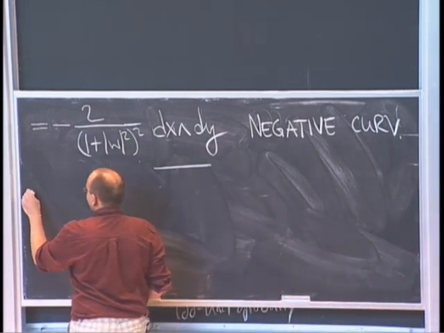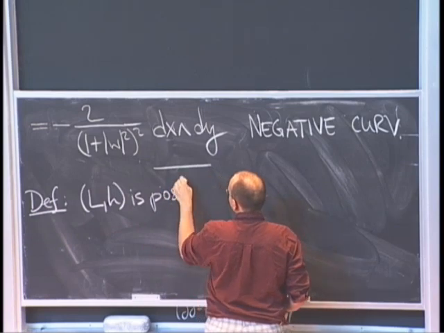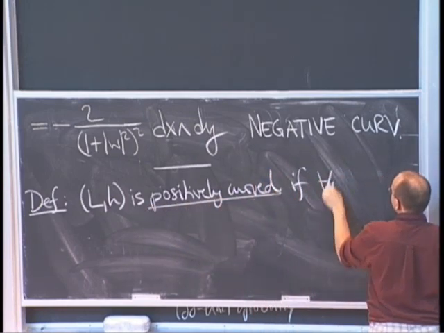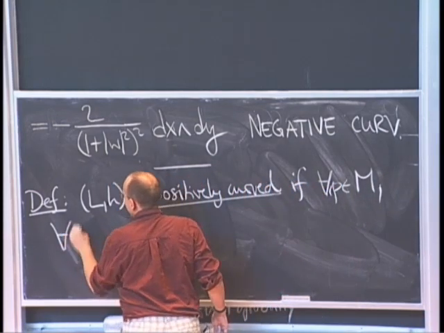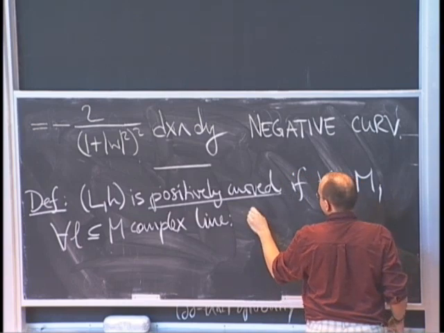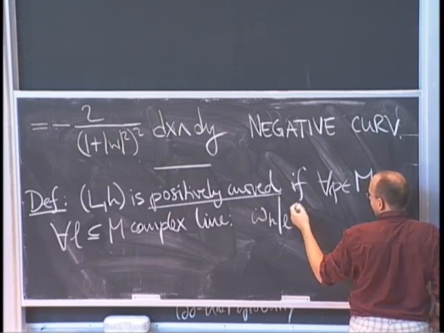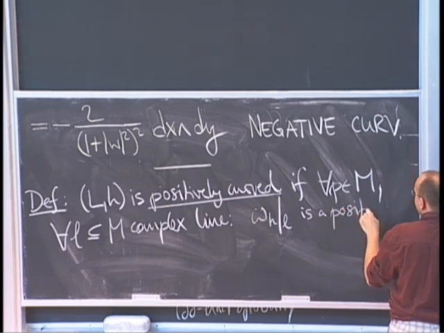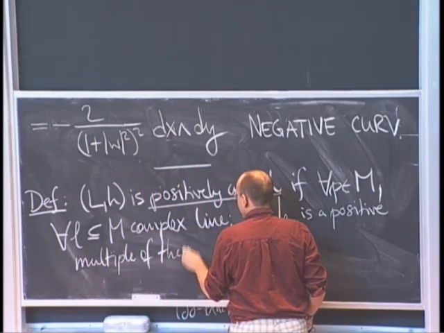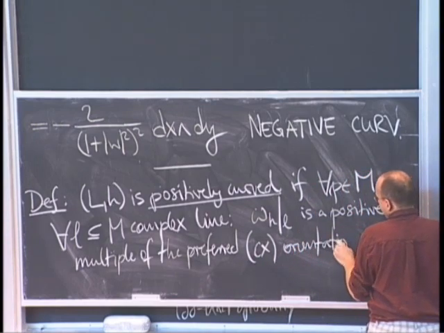So that's one quick way of saying what it means for a bundle to be positively curved: if for all points p in M and for all complex lines L in the tangent space, omega h restricted to that complex line is a positive multiple of the preferred complex orientation on L.